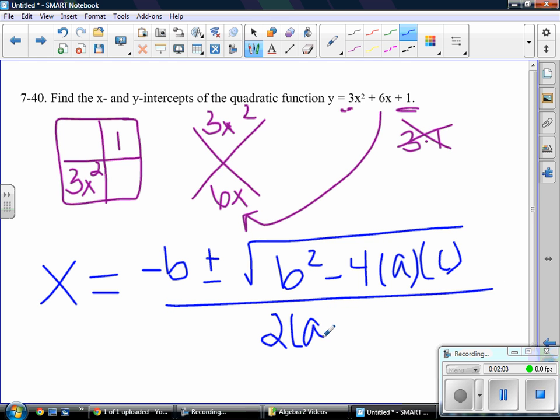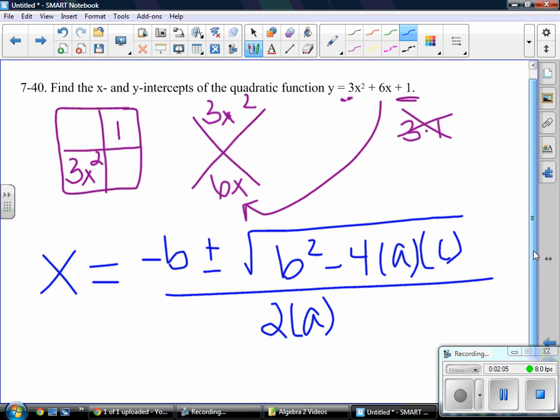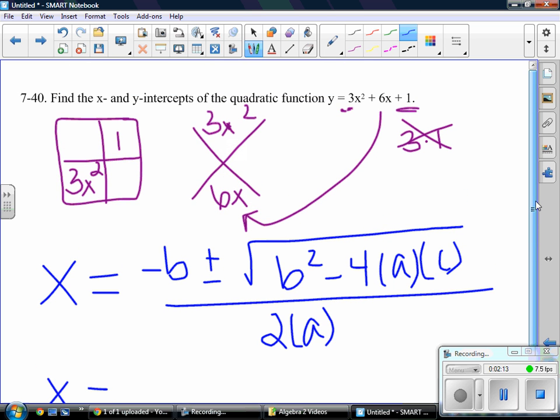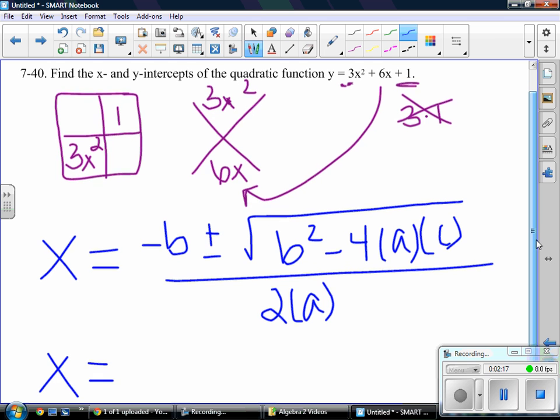Some of you also know the song, so you could sing that song if you're doing the quadratic formula. So I'm going to plug in my values for a, b, and c and try to get x. And I can also always check my answers once we get them on the calculator and verify.